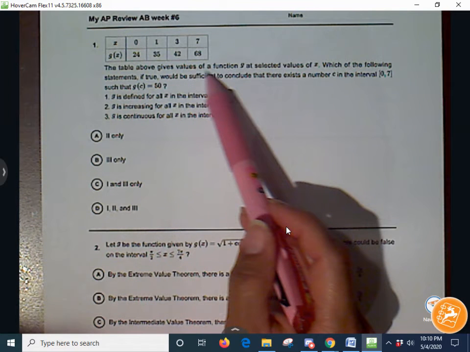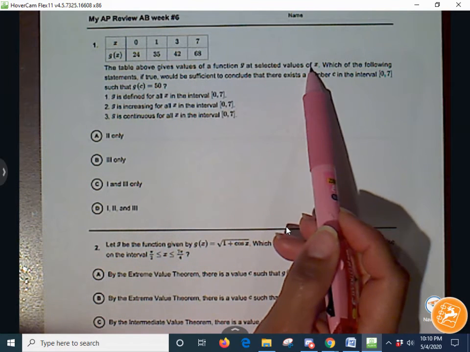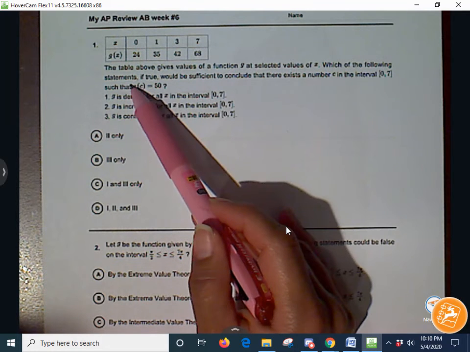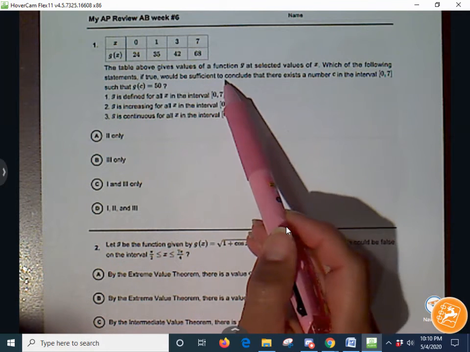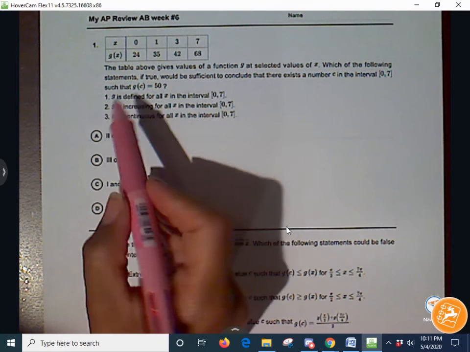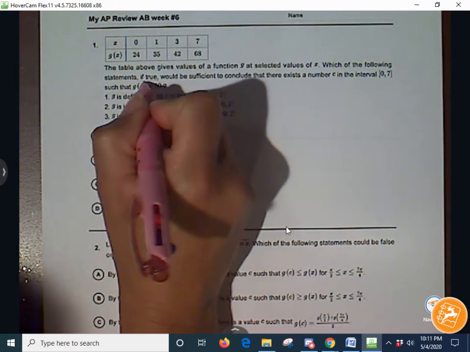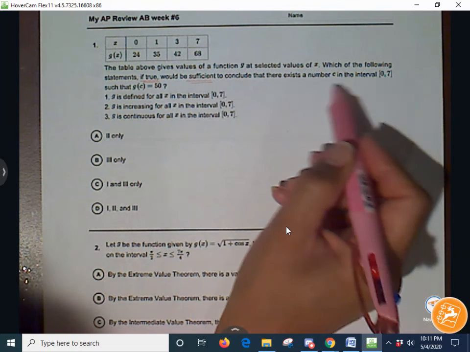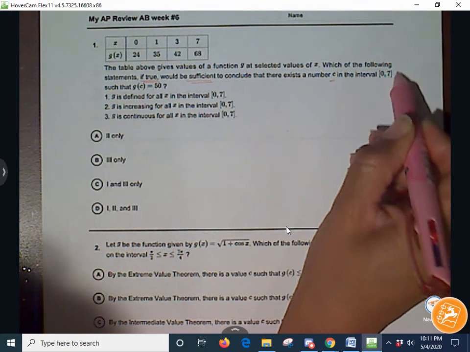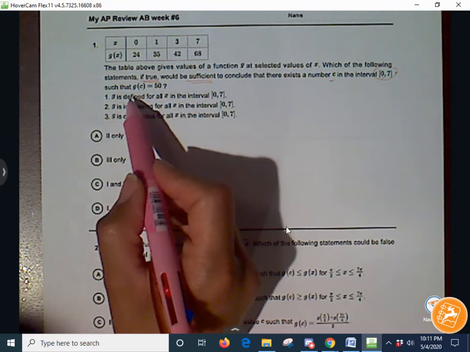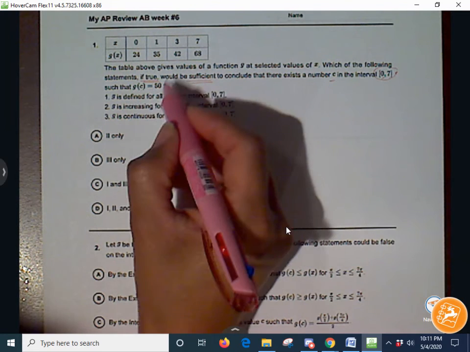There are various values of function g at selected values of x. Which of the following statements, if true, would be sufficient to conclude that there exists a number c in the interval 0, 7, so this is acting like my a to b, such that when I put my c in, I'm going to get 50.